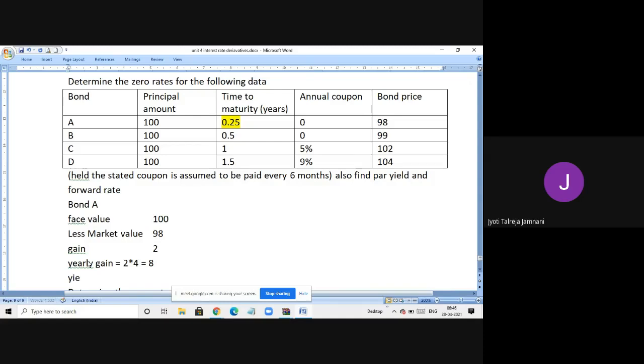Now we can find the yield. That is nothing but the return. The formula for yield is yearly gain divided by market value into 100.